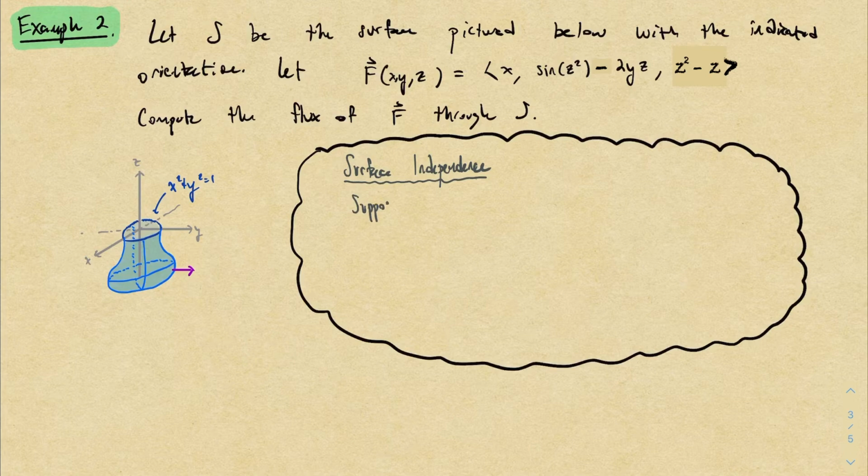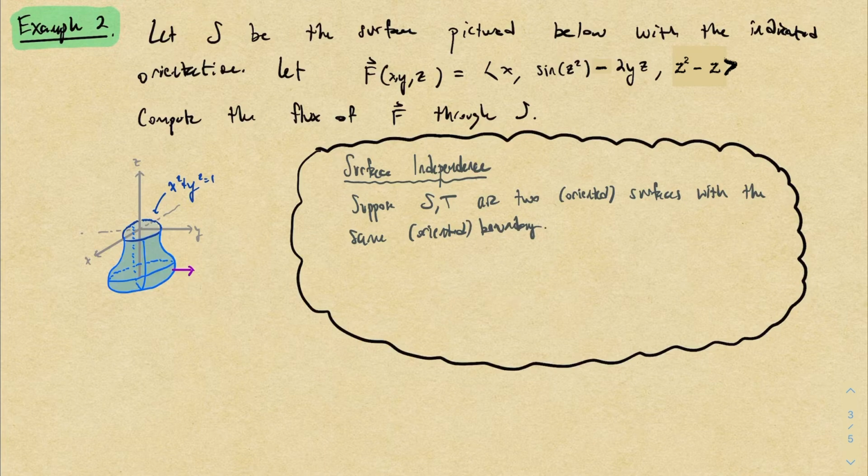Suppose S and T are two oriented surfaces with the same oriented boundary curve. So for example, maybe I have a surface in blue like this, S, and its boundary curve looks like this. And I could fill in this opening with another surface, T, such that the oriented boundary curve is the same. This is the scenario that we're dealing with.